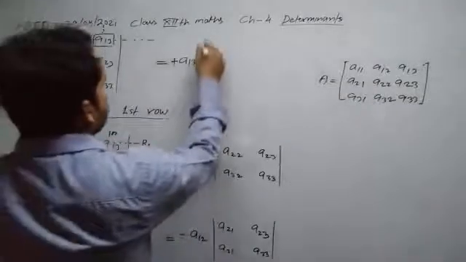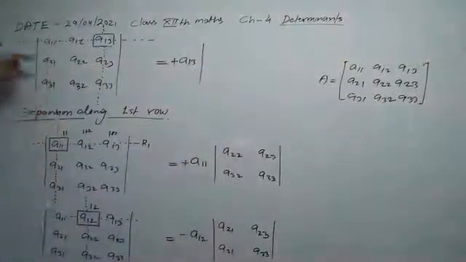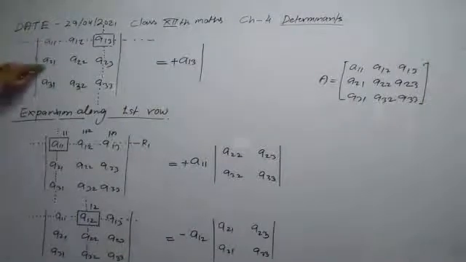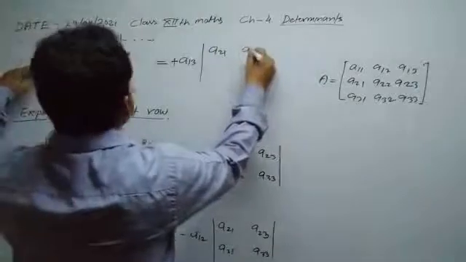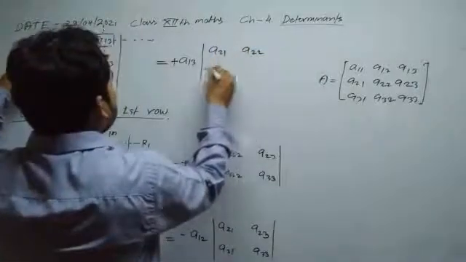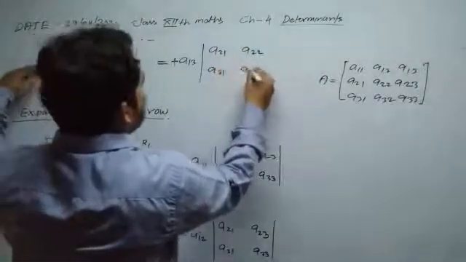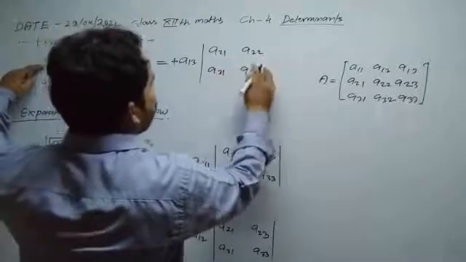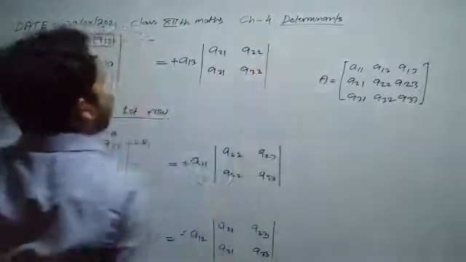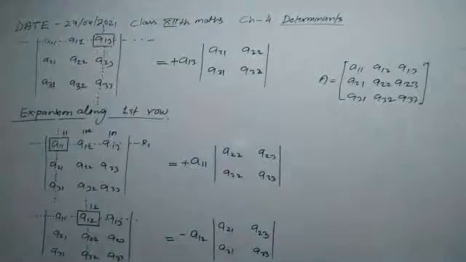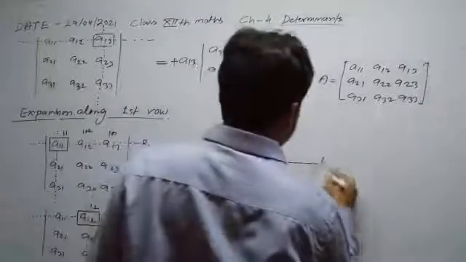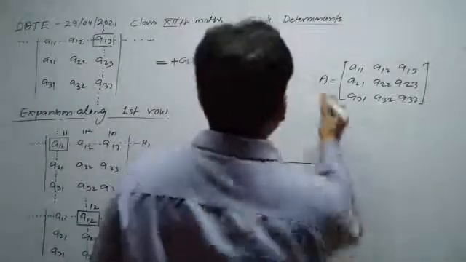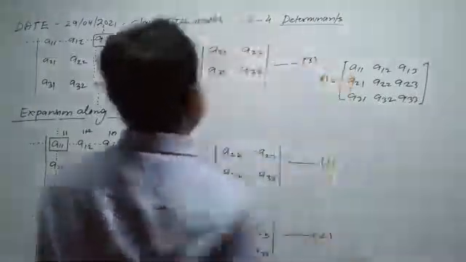So the left part, A21, A22, A31, A32. Consider equation 1, equation 2 and equation 3.